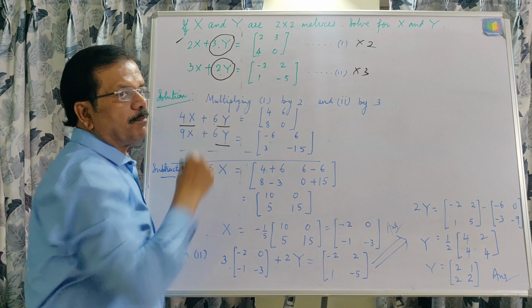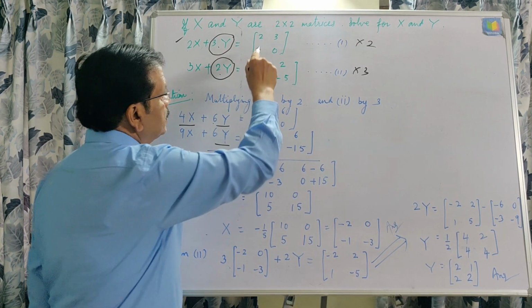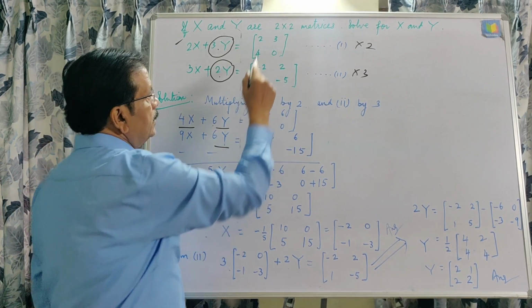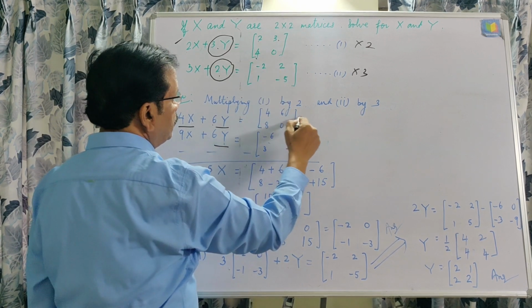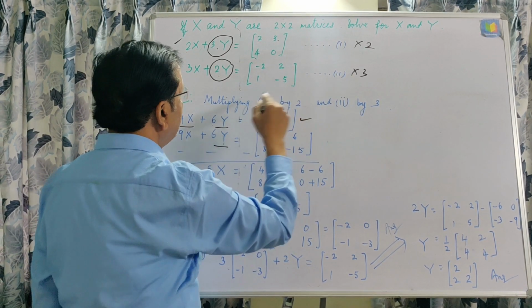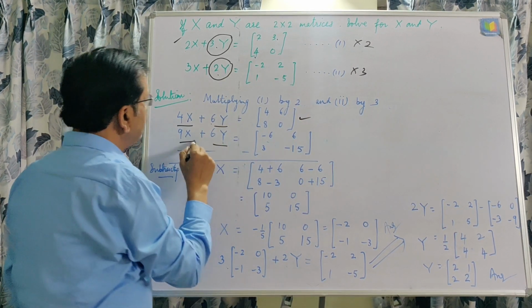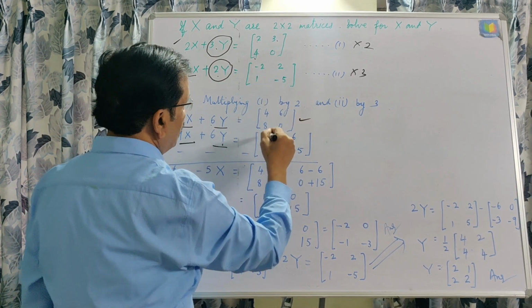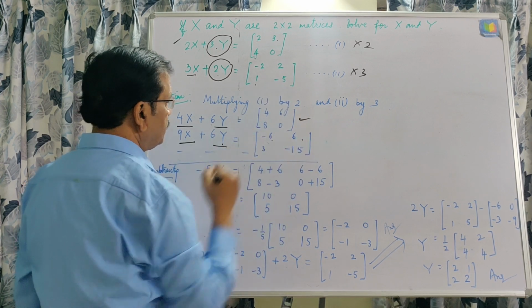And once we multiply by a scalar quantity to this matrix, each element of this matrix should be multiplied. That is 4, 6, 8 and 0. In the same way, write the next equation: 3 multiplied by this, 3 3s are 9, 3 2s are 6, and this is minus 6, 6, and this is 3, minus 15.